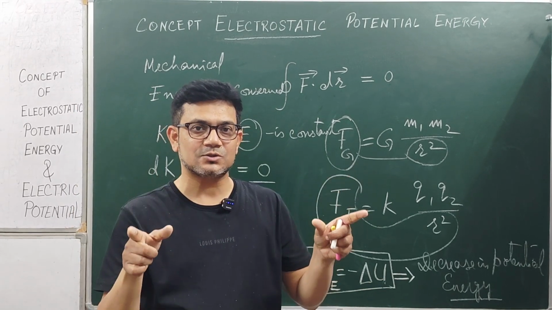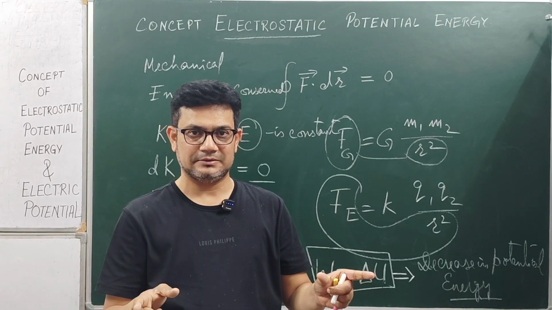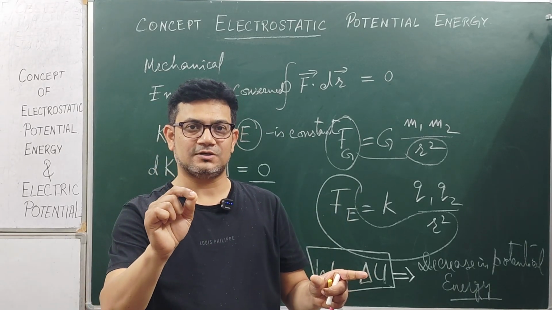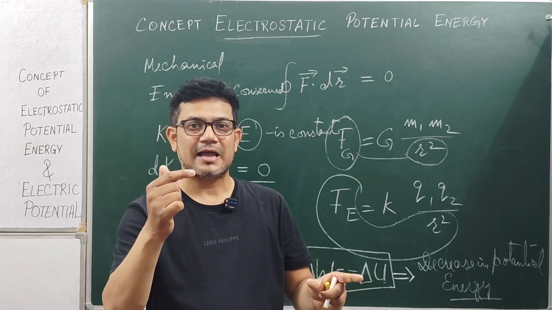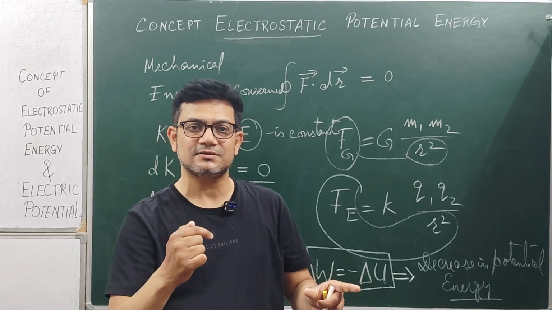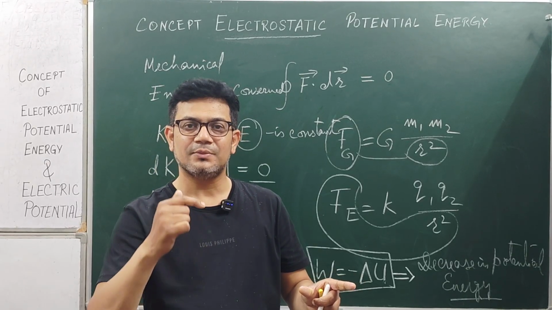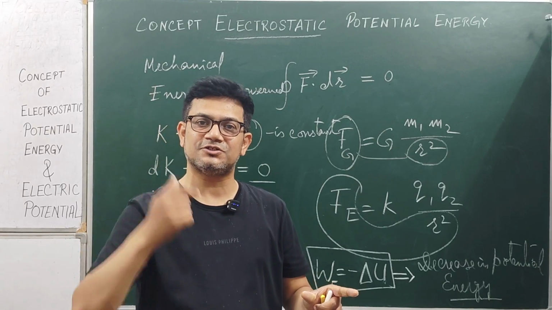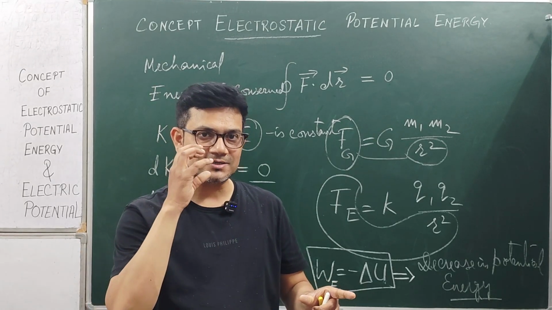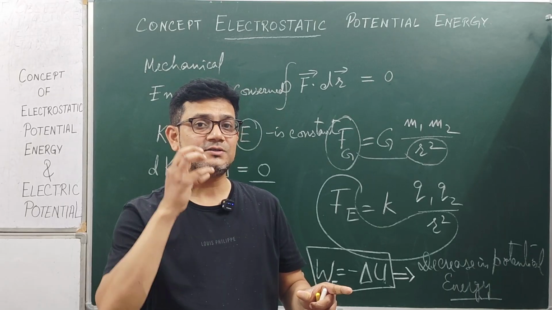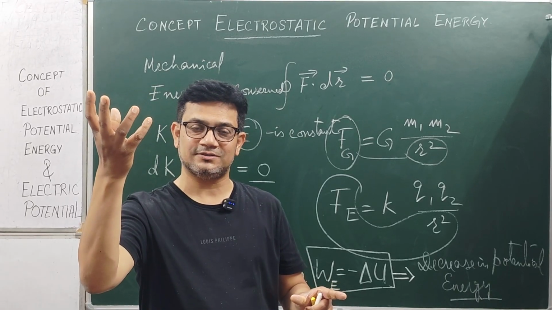So in the presence of a conservative field, when an external force is applied and the work is done against the conservative force, then there is an increase in potential energy. So that external work is getting stored up as potential energy.